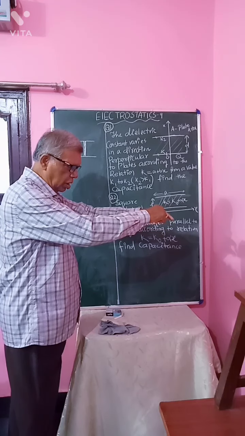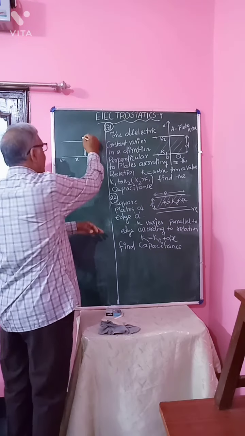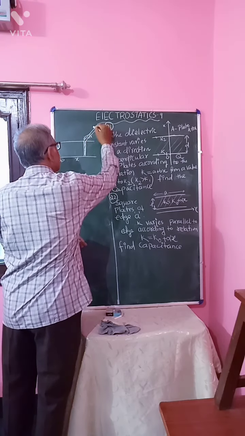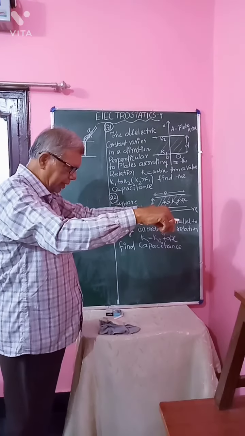The elemental length is dx, and the other side is A, so the area is A dx.